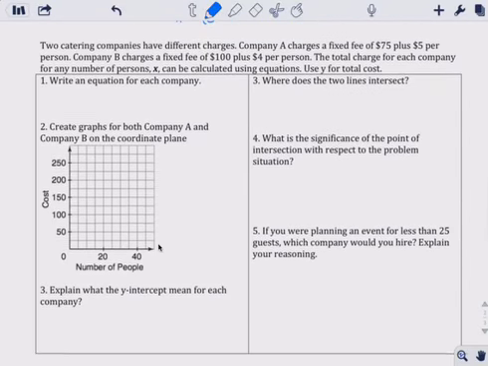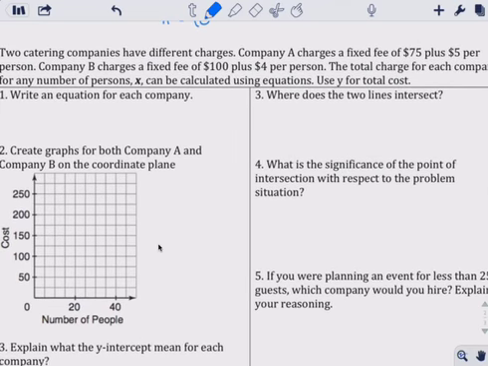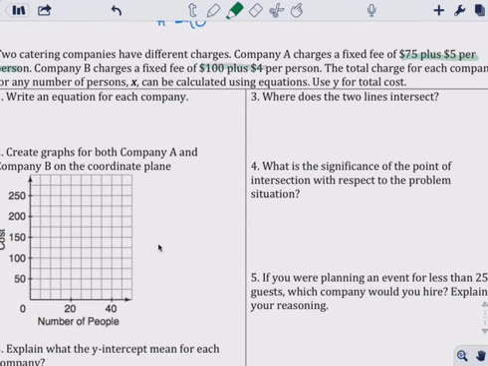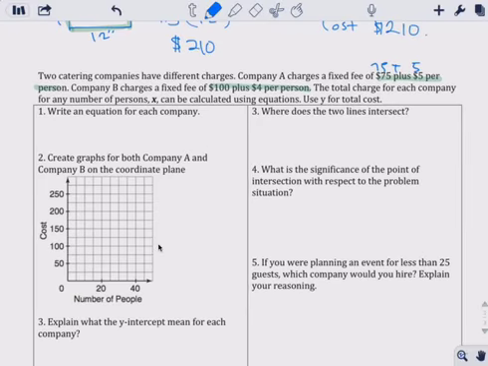A catering company. Company A charges $75 plus $5 per person. Company B charges $100 plus $4 per person. But hey, look, they say person use X. The total cost for each company for any number of persons X will be calculated using the equation Y for total cost.